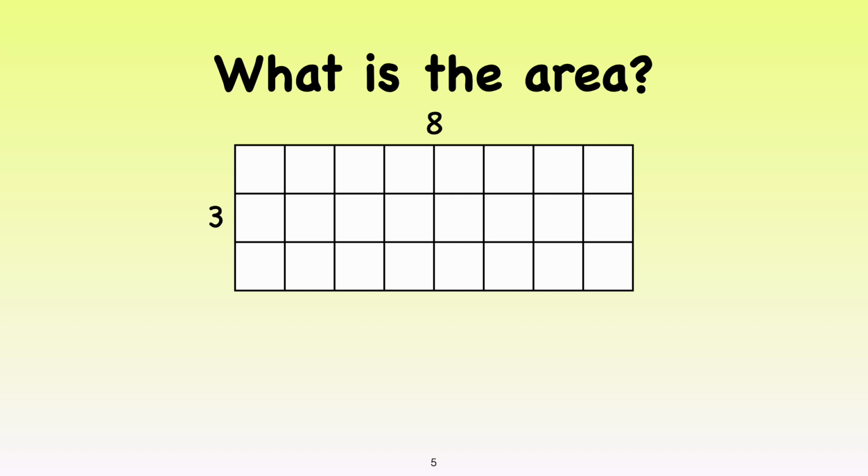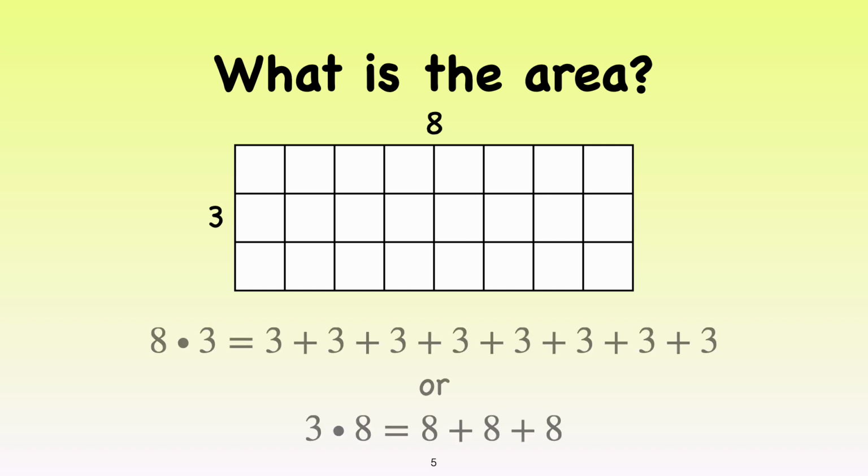What's the area of this rectangle? Area is found by multiplying length by width. The width is 3, the length is 8. 3 times 8 equals 24. You can think of this as 8 3s added together, or 3 8s added together.